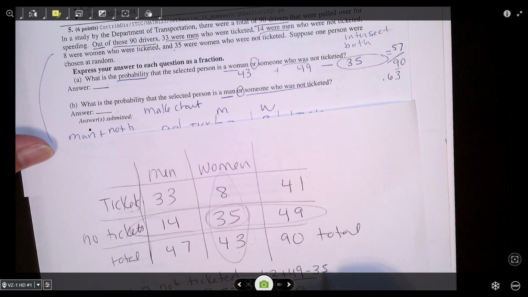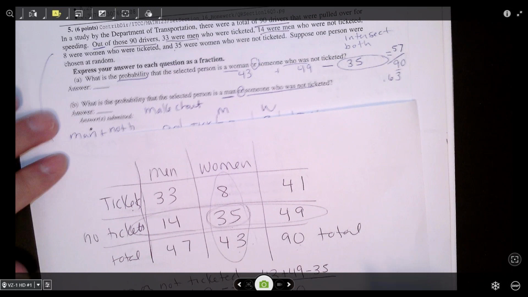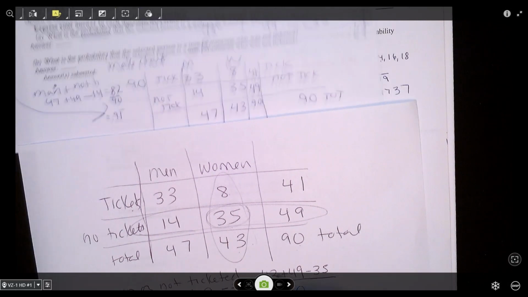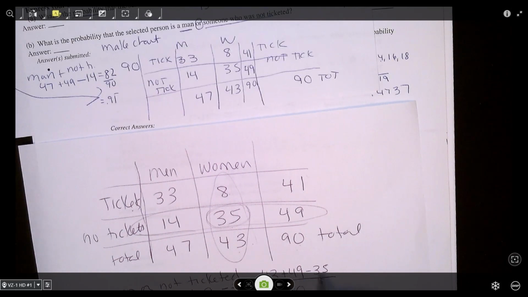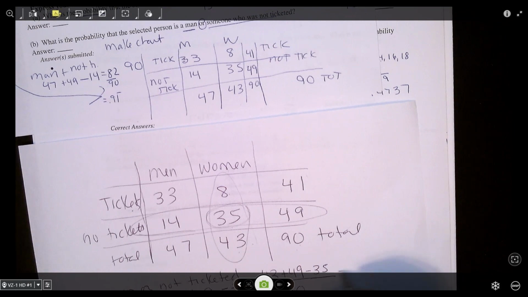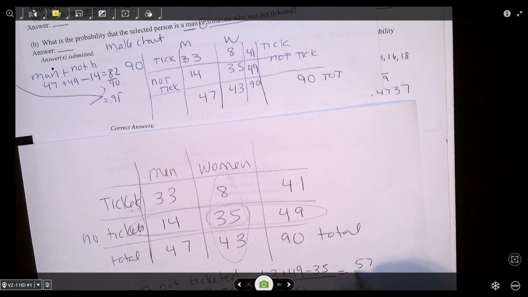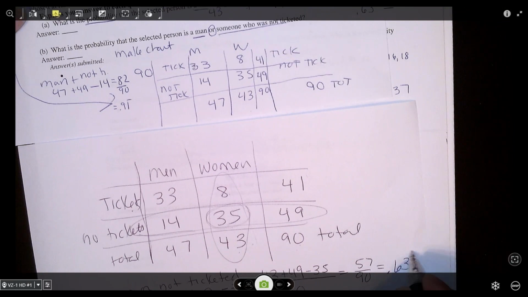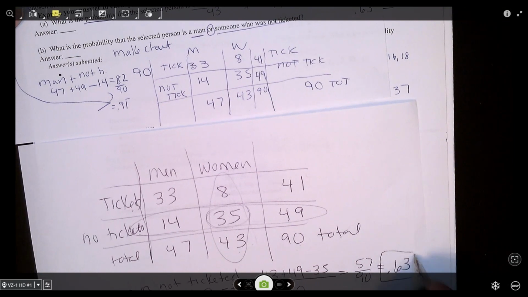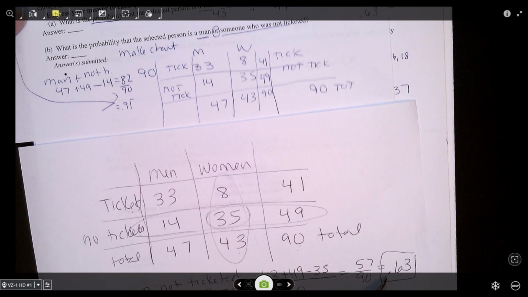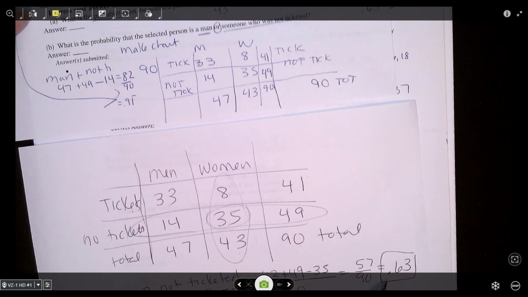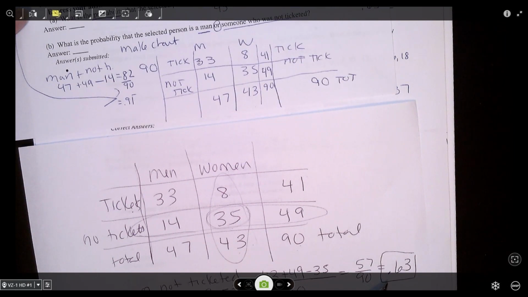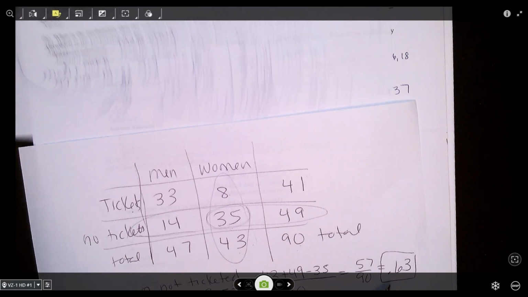They can't be counted twice, so we need to subtract them out. So 43 plus 49 minus 35 is 57 over 90, which is 0.63. And did it say how to put the answer down?